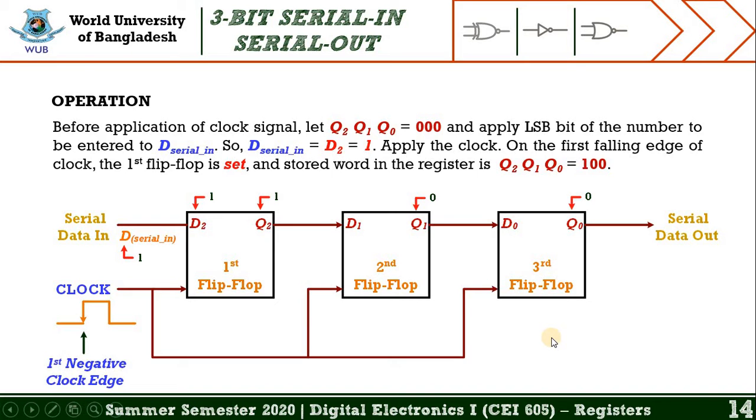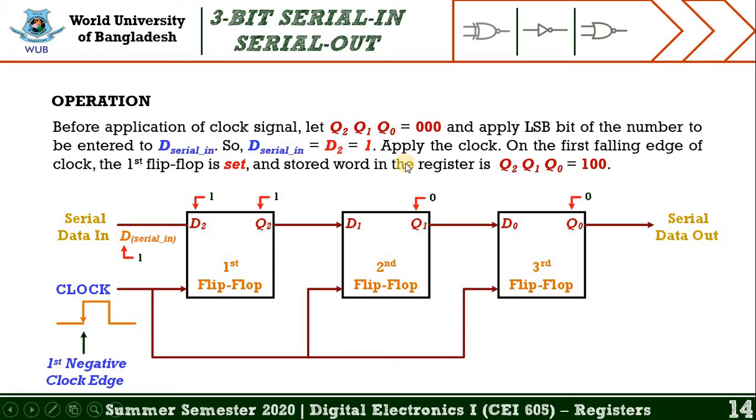The value of Q2 is 1, but if you look at the second flip-flop, you may find the value of Q1 is 0, and the value of Q0 is also 0, because initially all the outputs were 0.